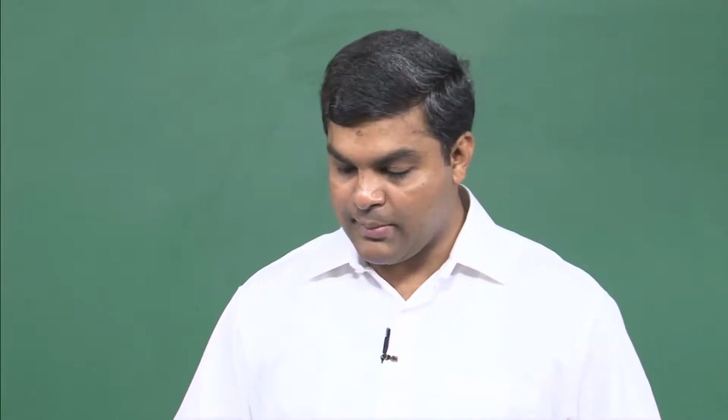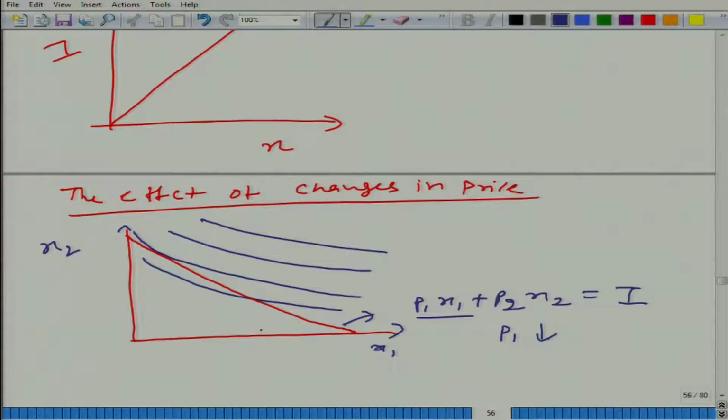But what we are certain about is that this budget line will rotate in anti-clockwise direction pivoted at this point, because price of good 2 is not changing. So, it is going to be something like this. Fine. So, let me draw one more indifference curve, something like this.